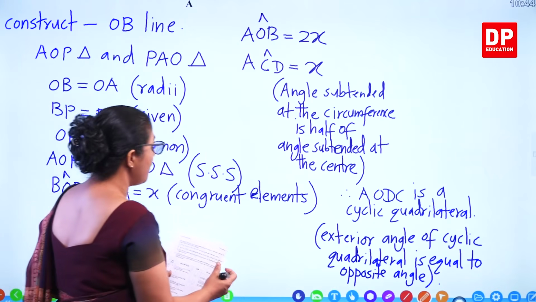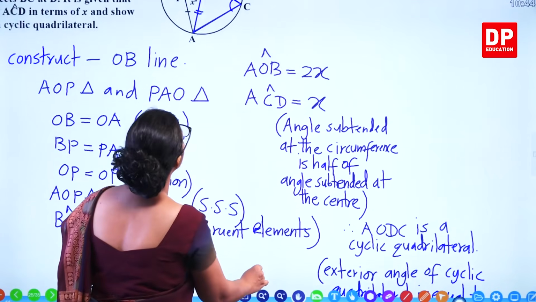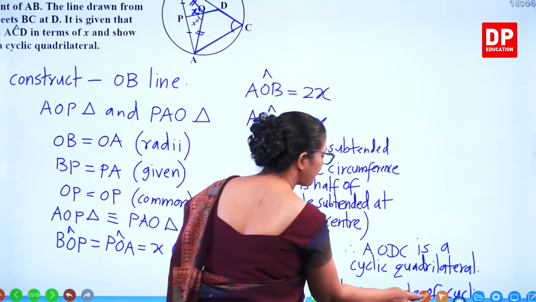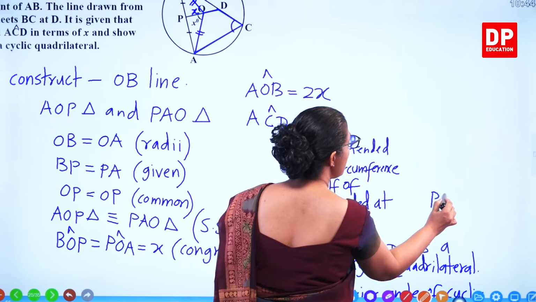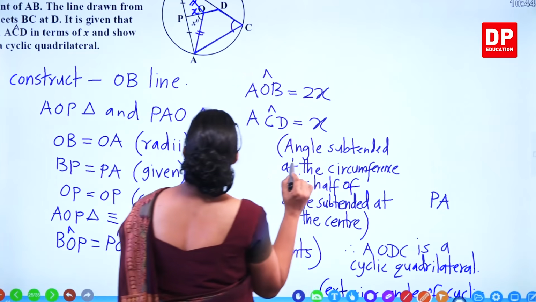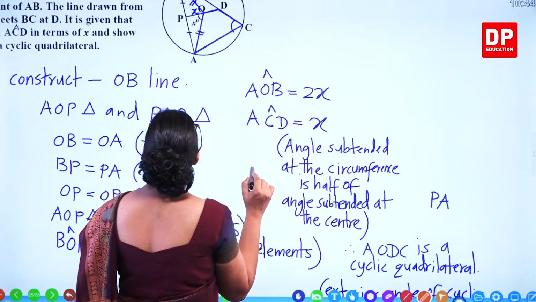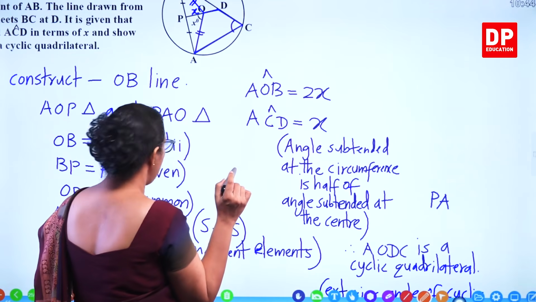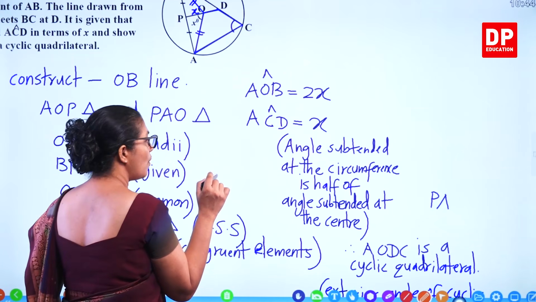So if you want, you can write that in terms of X. So you can write POA, not PAO.